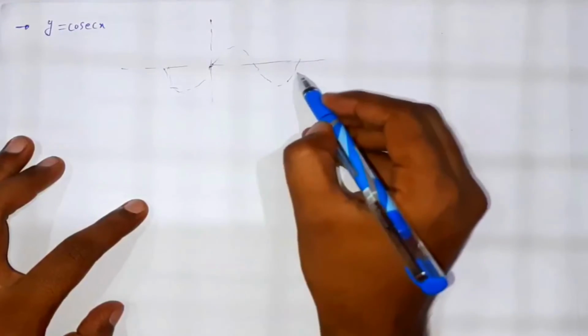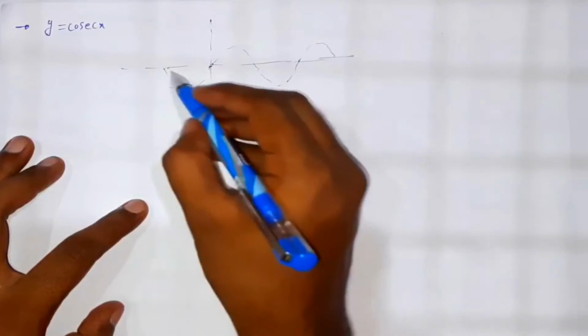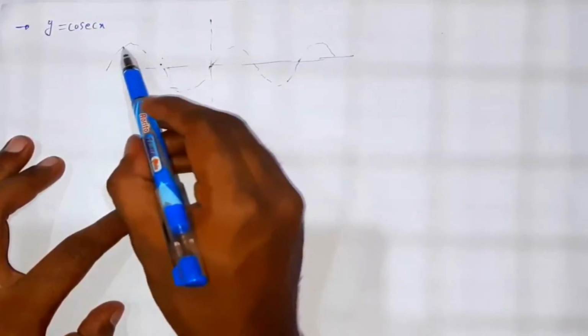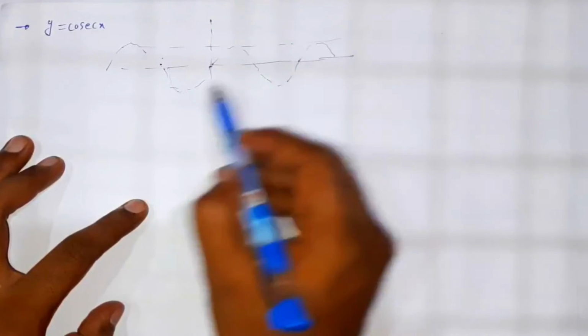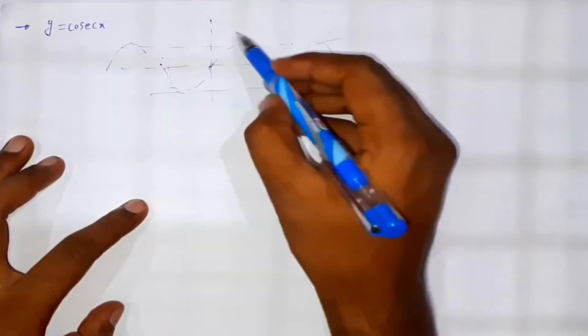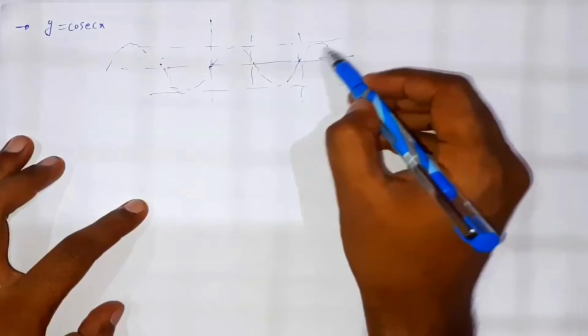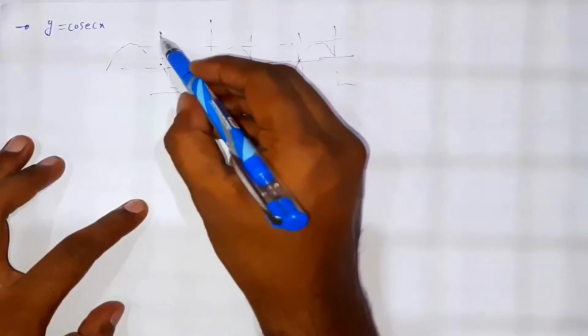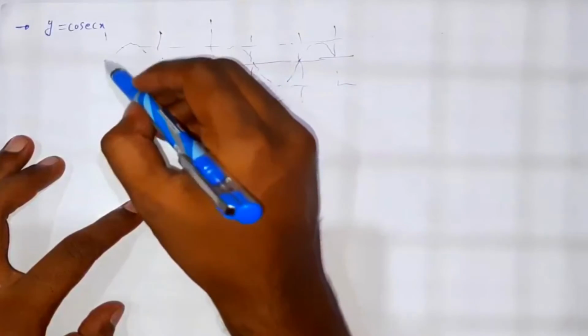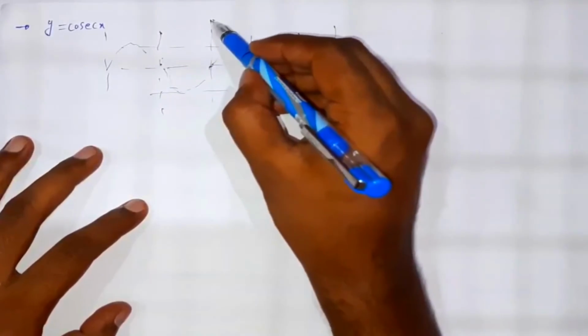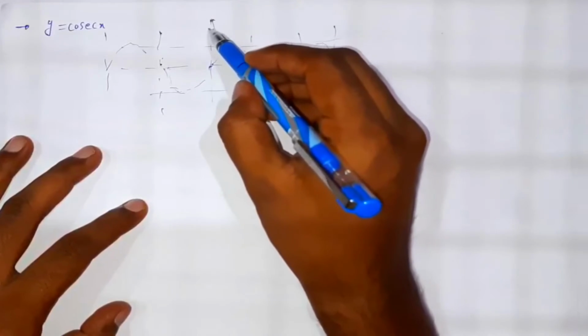To draw the graph of this function, this is 1, this is minus 1. Now what we will do, I'm going to draw the lines like this, so that it will be simple to draw the graph. Now this will be like this.